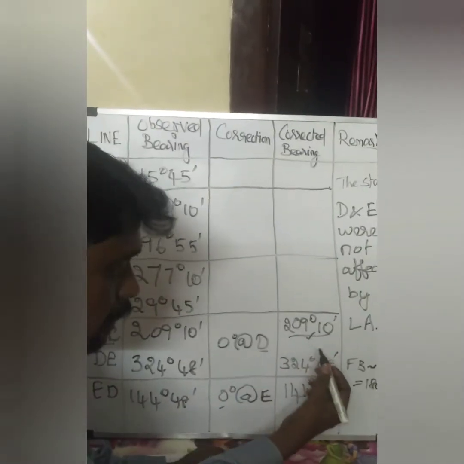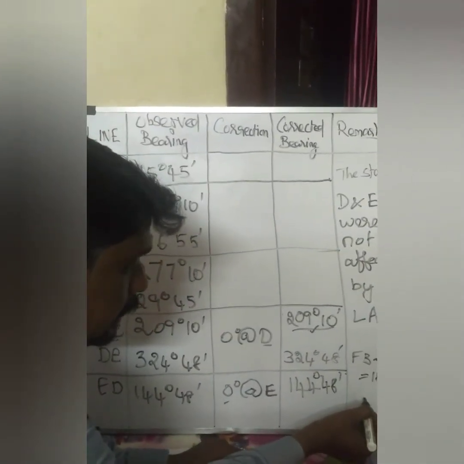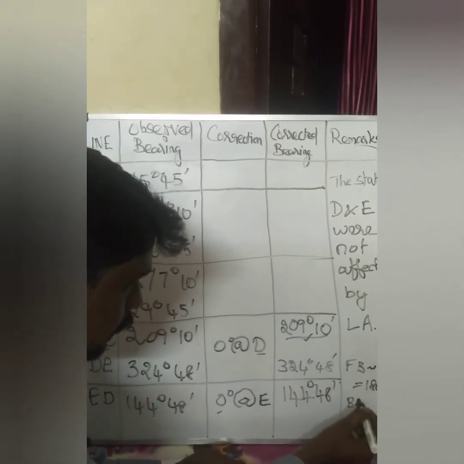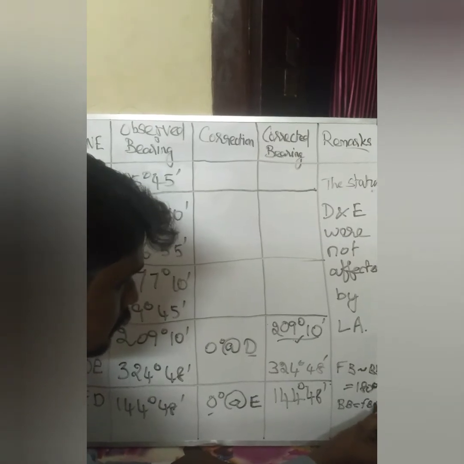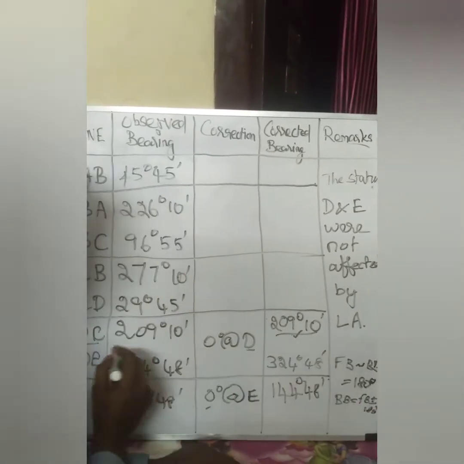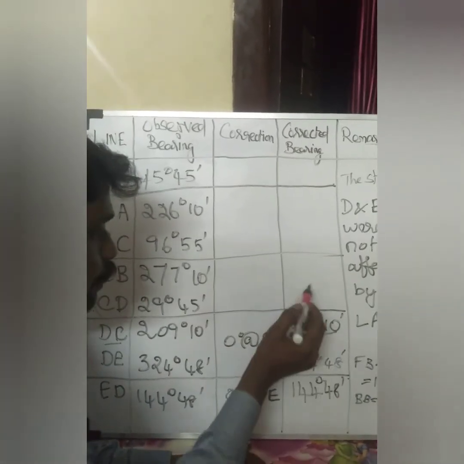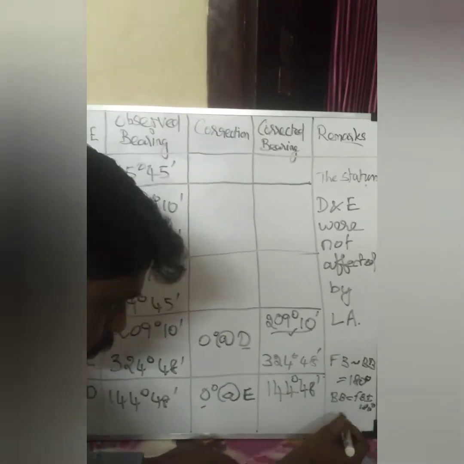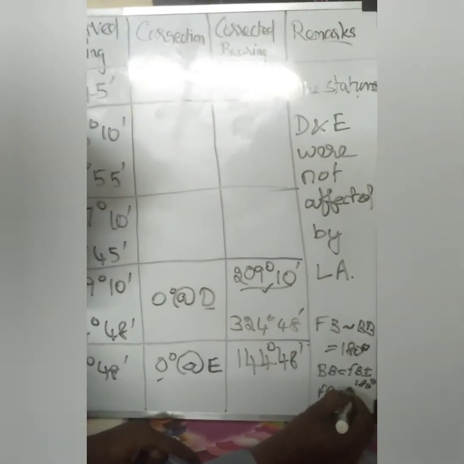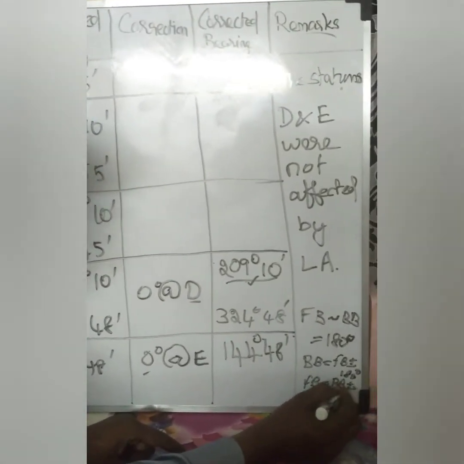What is the condition? Plus or minus 180 degree. If we want the back bearing, then back bearing is equal to forebearing plus or minus 180 degree. So I know the back bearing; what is the forebearing? Alter this equation into forebearing equal to back bearing plus or minus 180 degree.